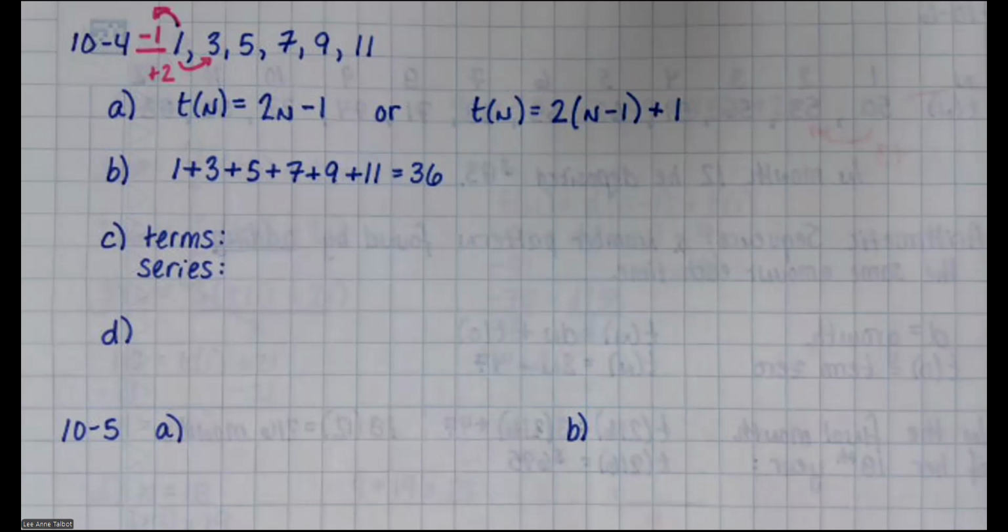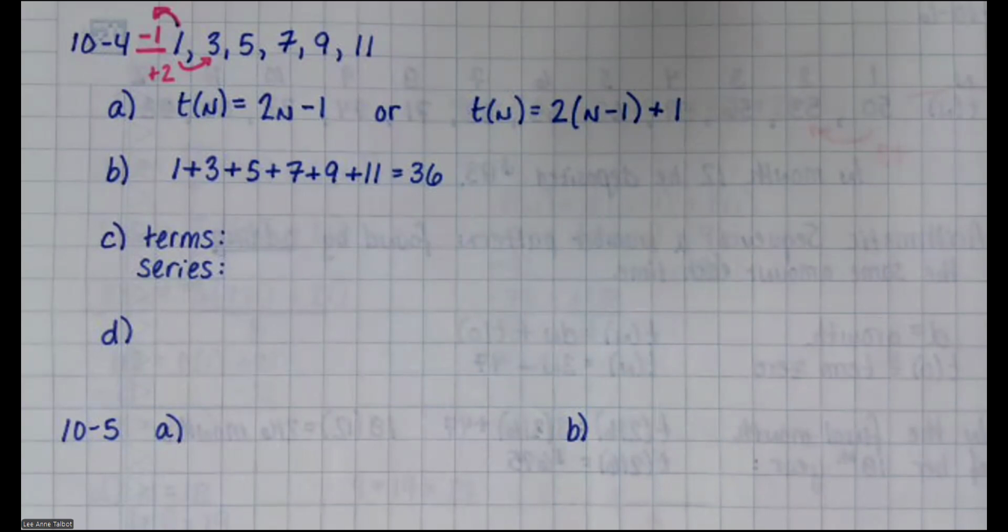Okay. Now, I wrote it all out again, added up, because I want to go over the vocab. The very first original problem with the commas, that's called a sequence. Sequences have commas. Okay. In B, I took all of the numbers in the sequence and added them together. That's called a series.